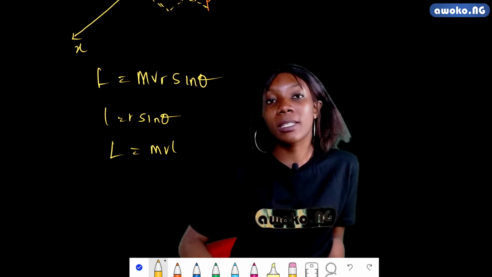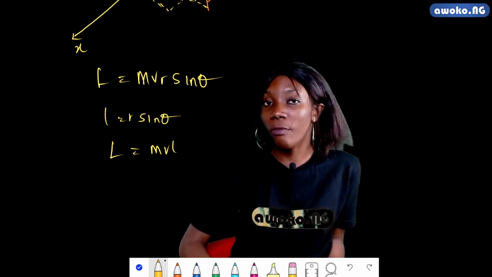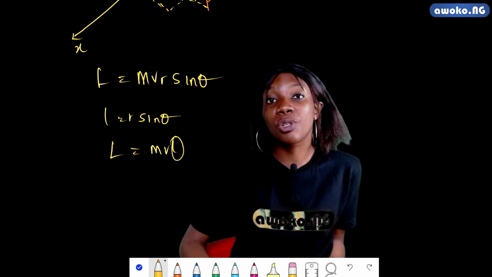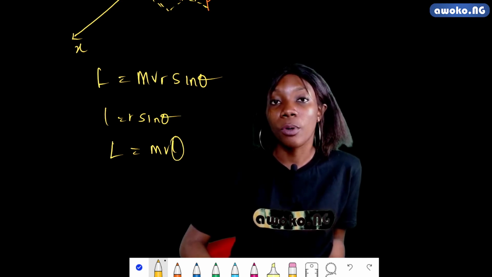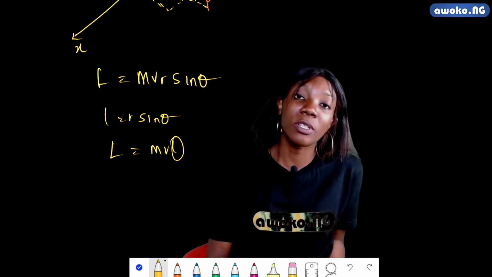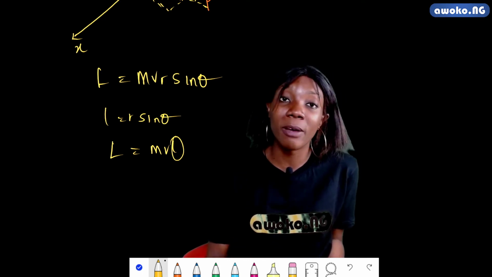So now this distance l plays the role of lever arm. That's how to find the direction of the angular momentum of a particle in a three-dimensional space.